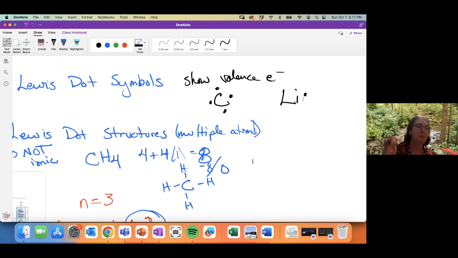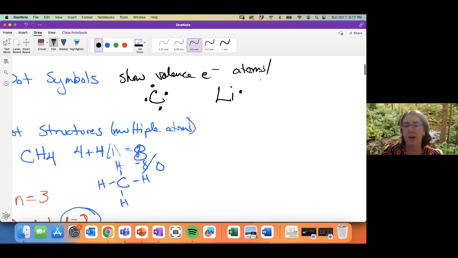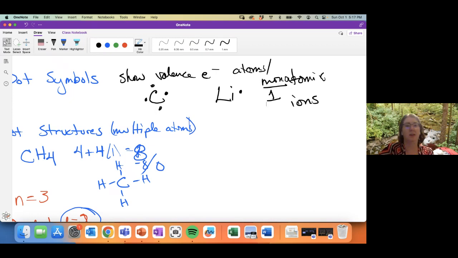So Lewis dot symbols I can do with metals, or I can do them with nonmetals, because these are going to be for atoms or monatomic ions. Mono just means one. So by saying monatomic, I mean not polyatomic. Poly means many atoms together. Monatomic just means one atom. So monatomic ions, just one by itself.